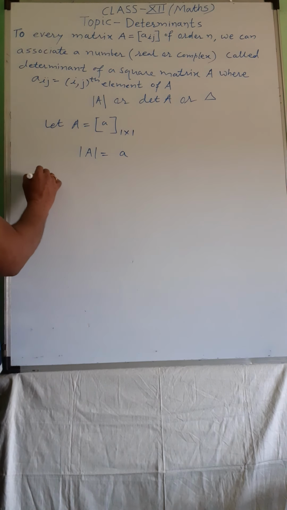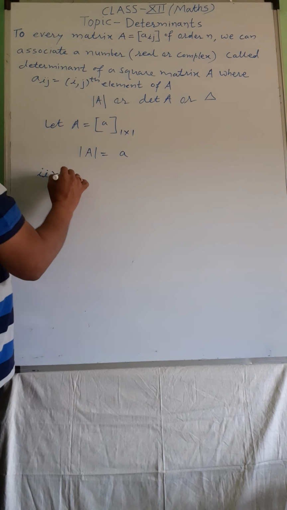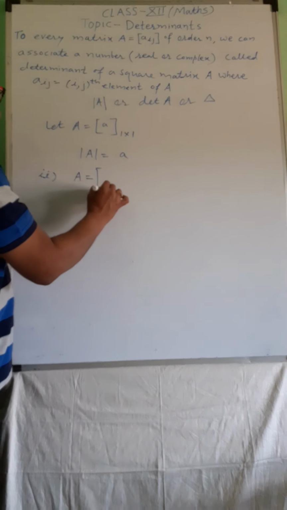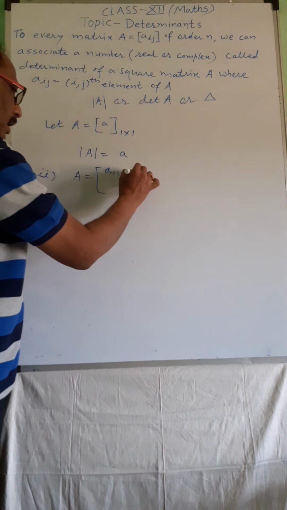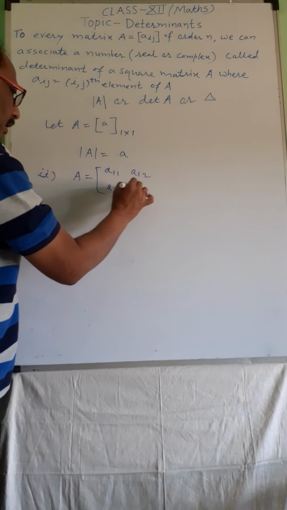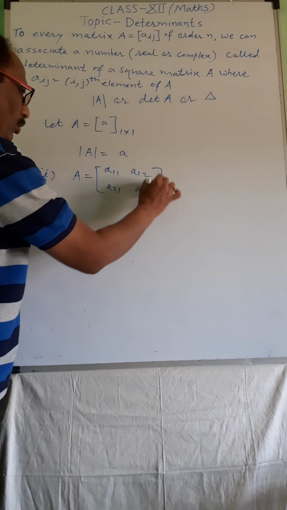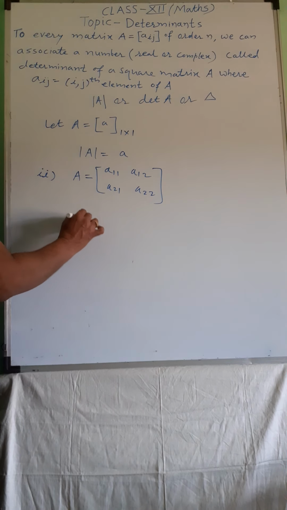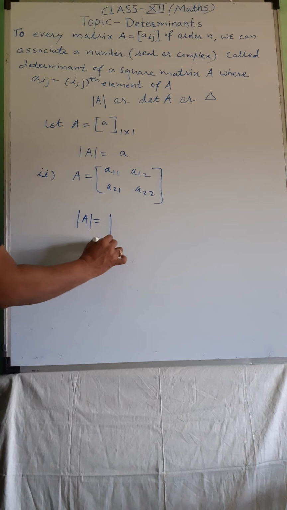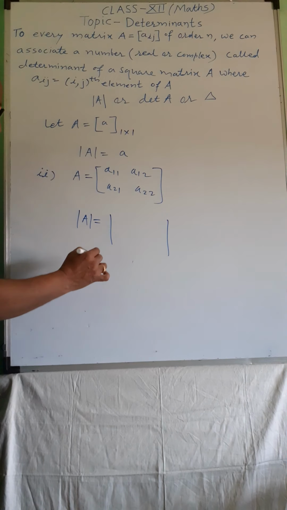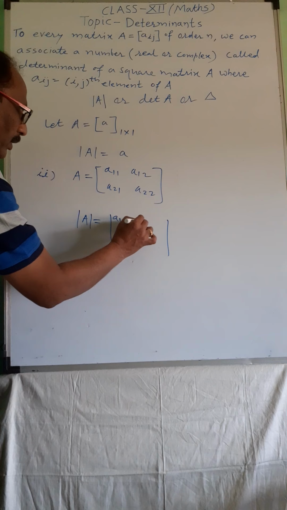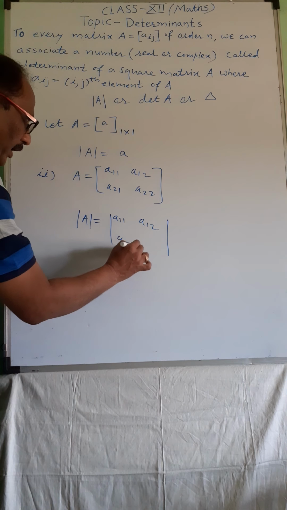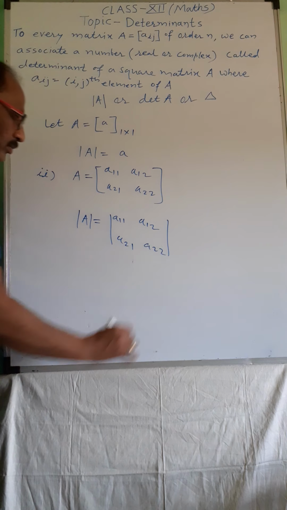If matrix A is like this: A11, A12, A21, A22, then the determinant of A is written with this sign: first row A11, A12, second row A21, A22.